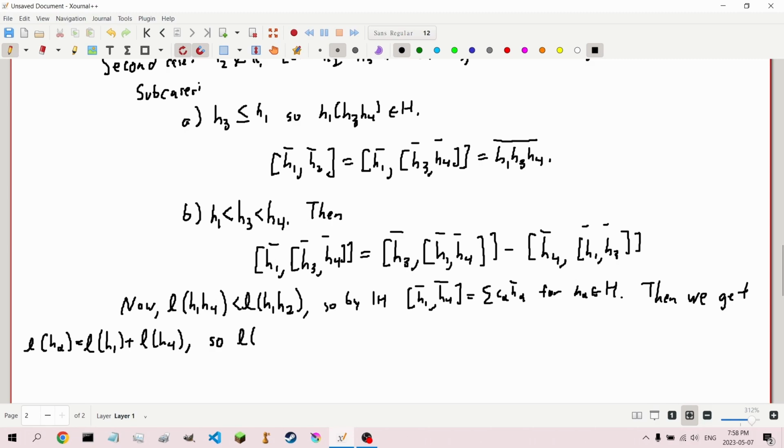So the length of H alpha, you see, is greater than the length of H1. By definition, H alpha is greater than H1.